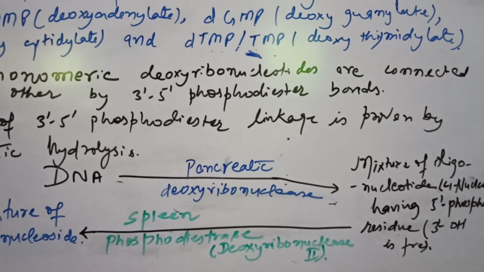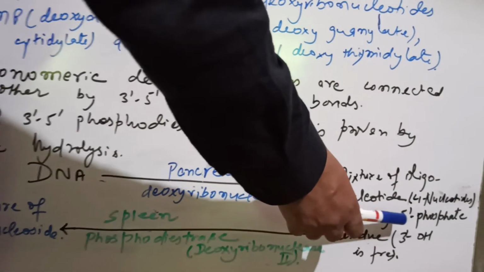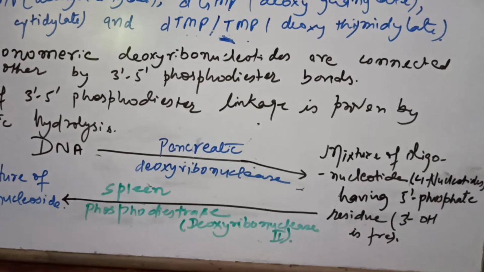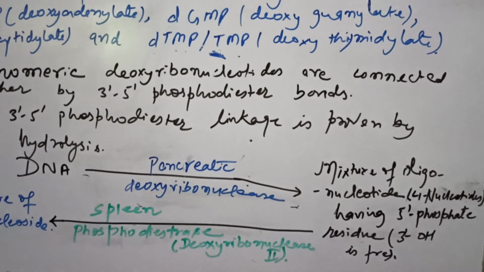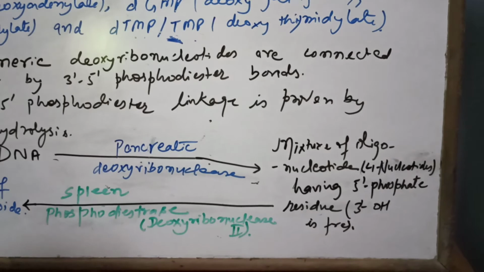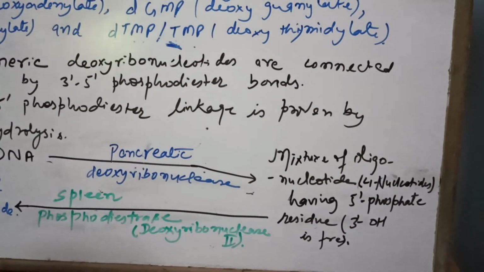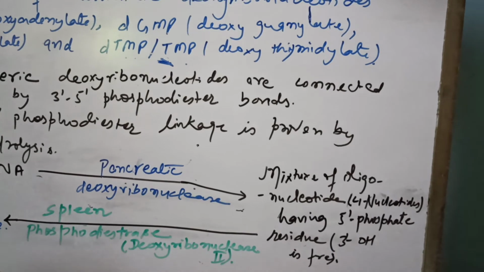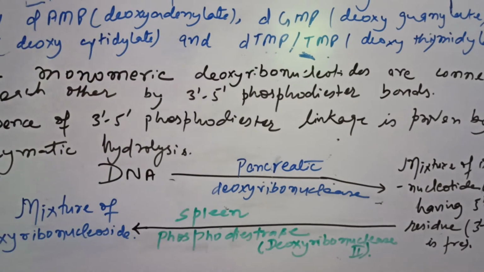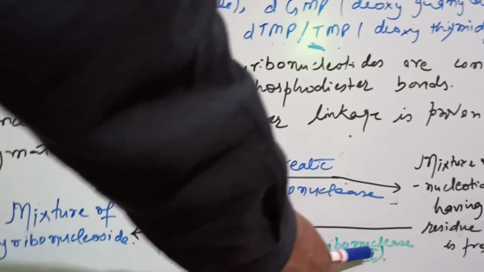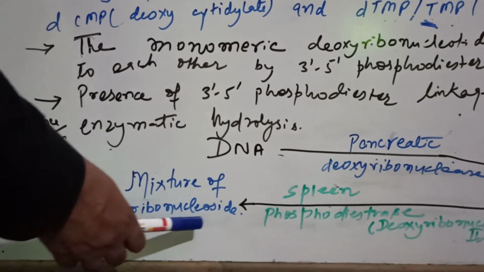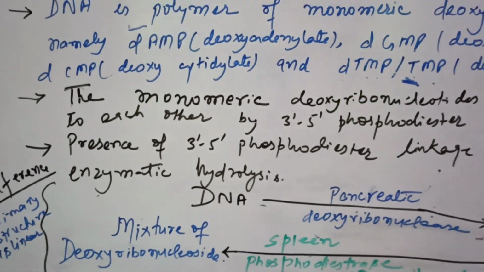What is interesting is that at the 5' end of this oligonucleotide you have a 5' phosphate residue, while at the 3' end the 3' OH is free. When this oligonucleotide is subjected to hydrolysis with another enzyme, spleen phosphodiesterase, also called deoxyribonuclease 2, you get a mixture of deoxyribonucleosides. So what is the inference?